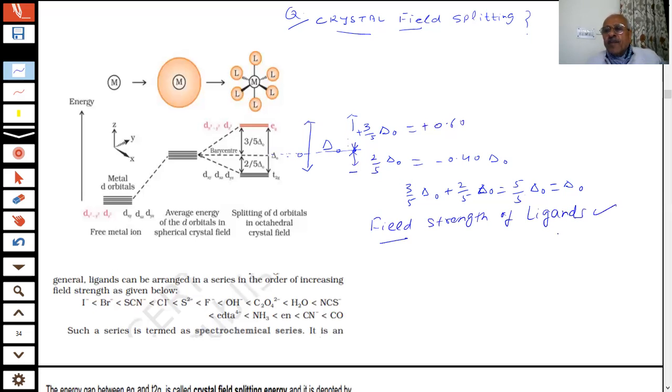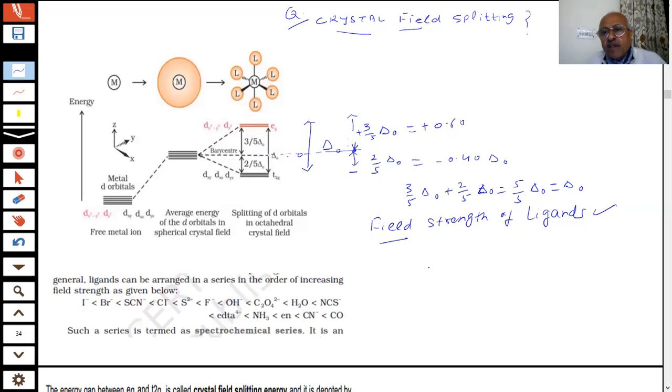Certain ligands have stronger field and certain ligands have less field. So for the ligands which have stronger field, the value of delta 0 will be more. The splitting will be more for a strong field, and the splitting energy will be less for a weak field.